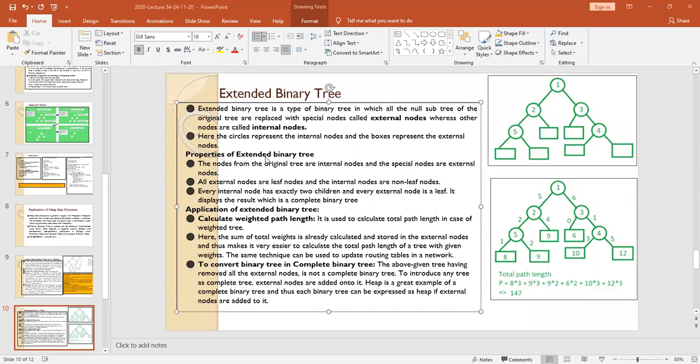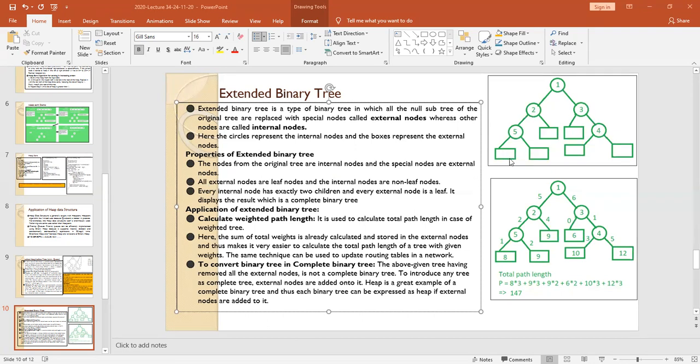So what are the properties of extended binary tree? First property: the nodes from the original tree are internal nodes and special nodes are external nodes. All external nodes should be leaf nodes and all internal nodes should be non-leaf.